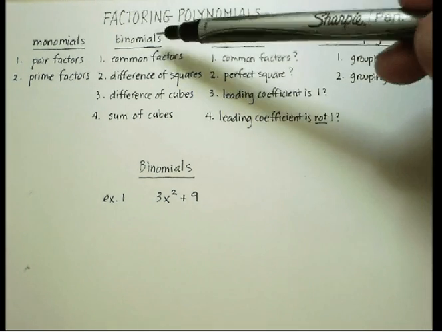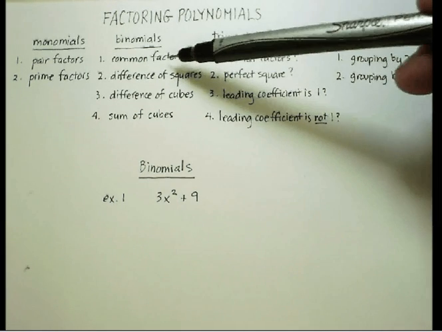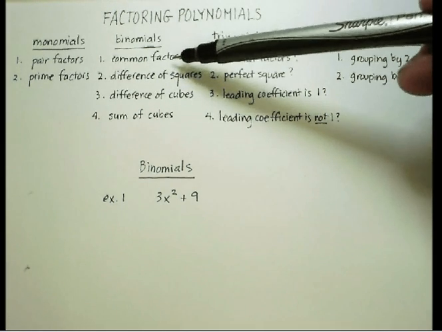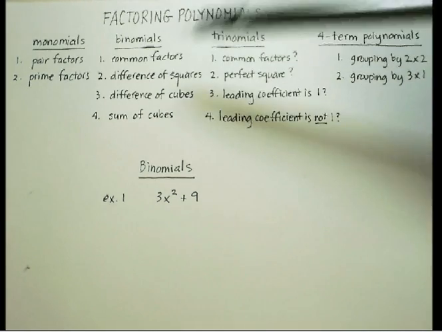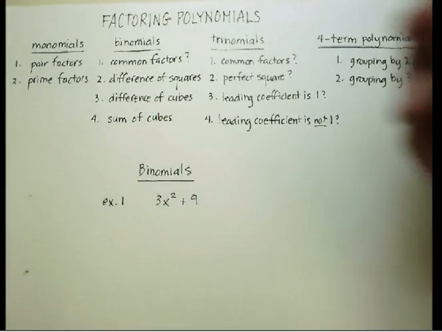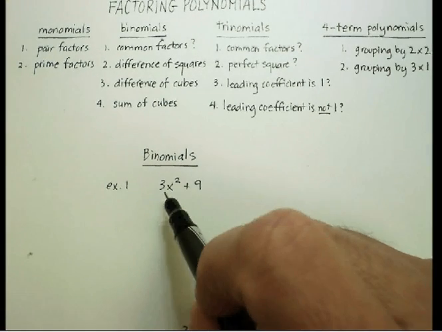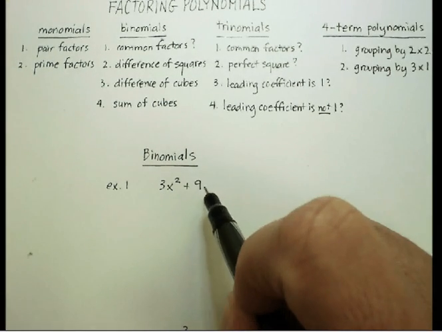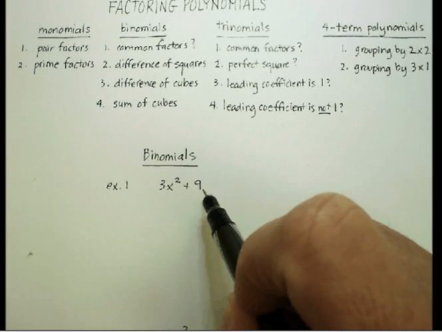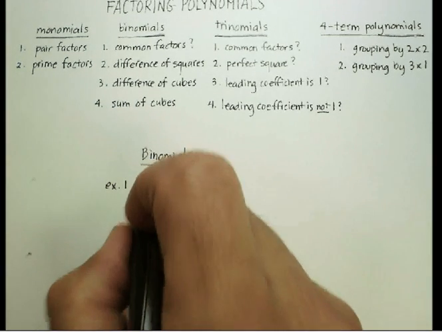Okay, so let's look at the first subheading under the binomial menu, and that is called common factors. I'm going to put a little question mark after that, because you're really asking yourself a question: are there any common factors to both of the terms in your binomial? If I look at that, I would say, well, yeah, actually there is, isn't there?